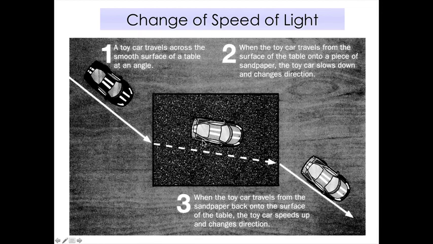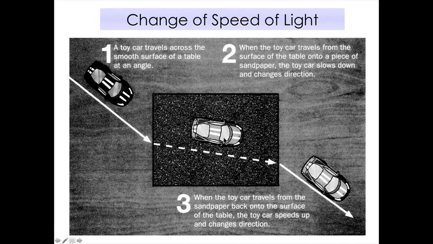So there's this turning here, and you realize that the car has changed speed because it's on sandpaper, it travels slower, and it also changed direction. As it leaves the sandpaper, it speeds up, and it also changes direction. Just take your time to read through this and see if you can understand.